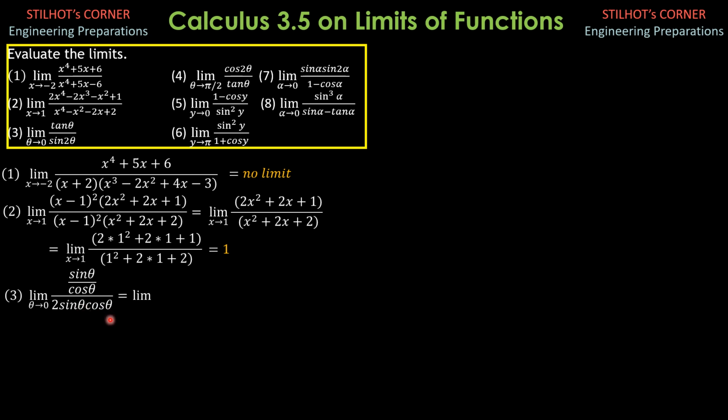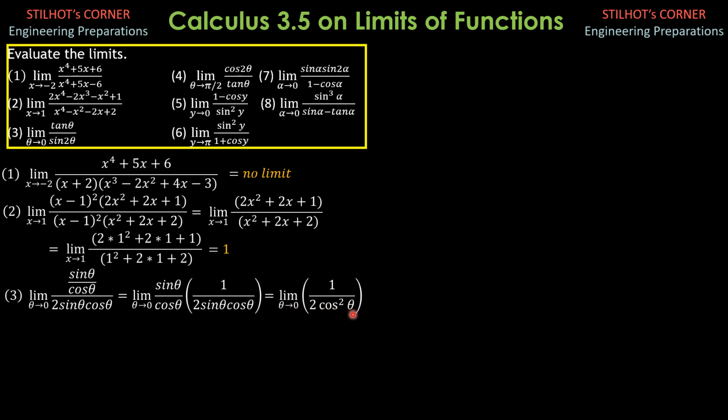So equals limit as theta approaches 0 of sine theta over cosine theta times 1 over 2 sine theta cosine theta. So we can cancel sine theta and we have limit as theta approaches 0 of 1 over 2 cosine square of theta. Because as theta approaches 0, cosine of 0 is approaching 1, so it is now safe to substitute theta is 0.